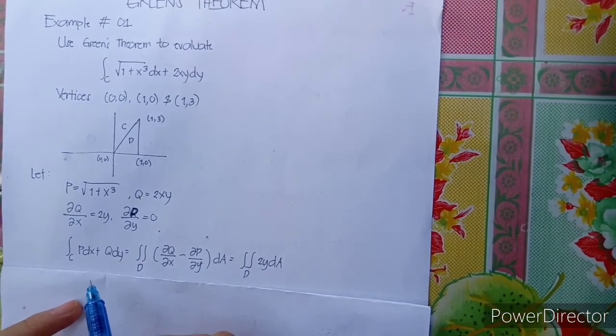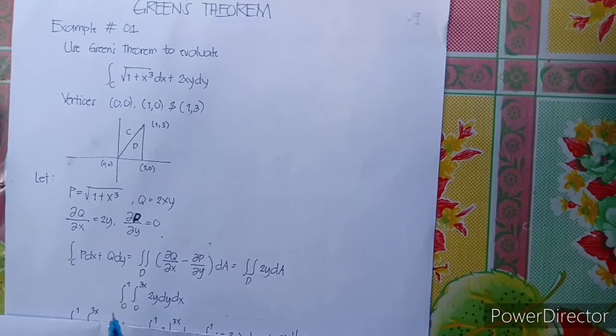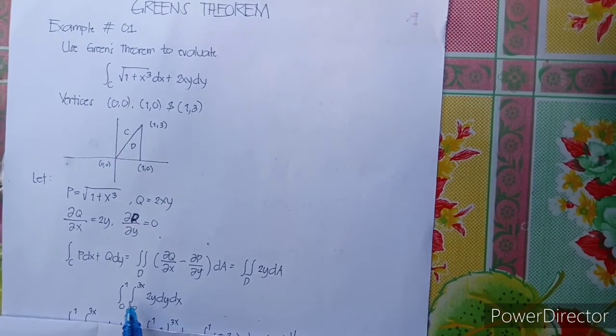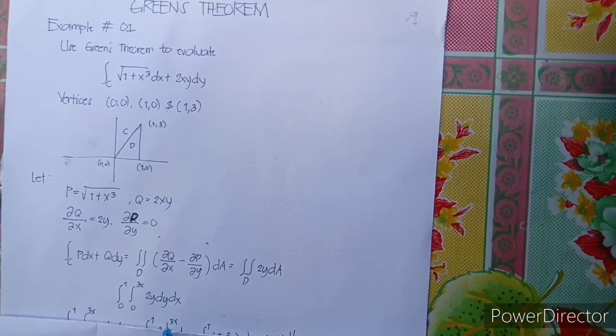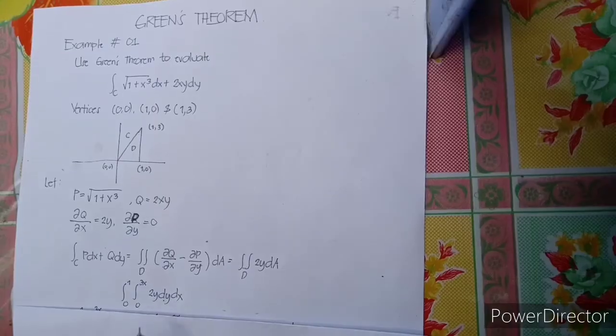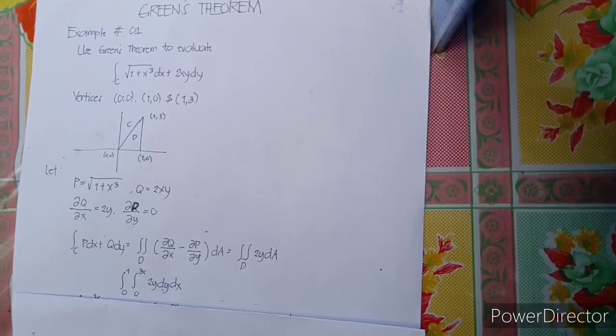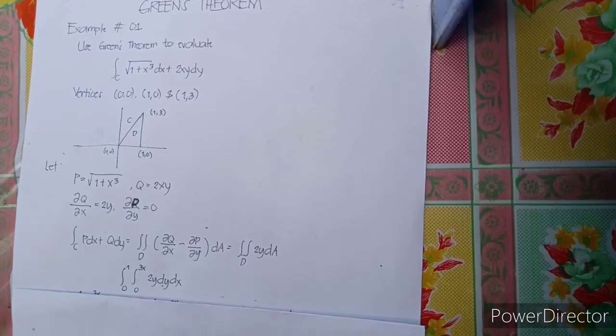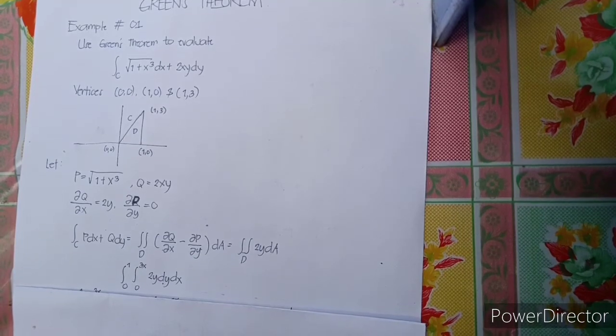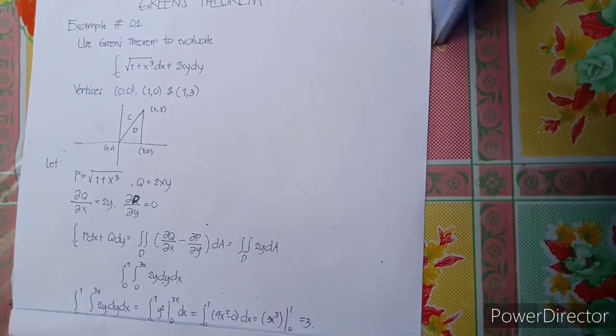So with the limits, the line integral becomes the double integral with the limits of 0 to 1 and 0 to 3x, 2y dy dx. Notice that dx is on the outside since we are varying x first, and for each x we then vary y. We can evaluate this integral easily.